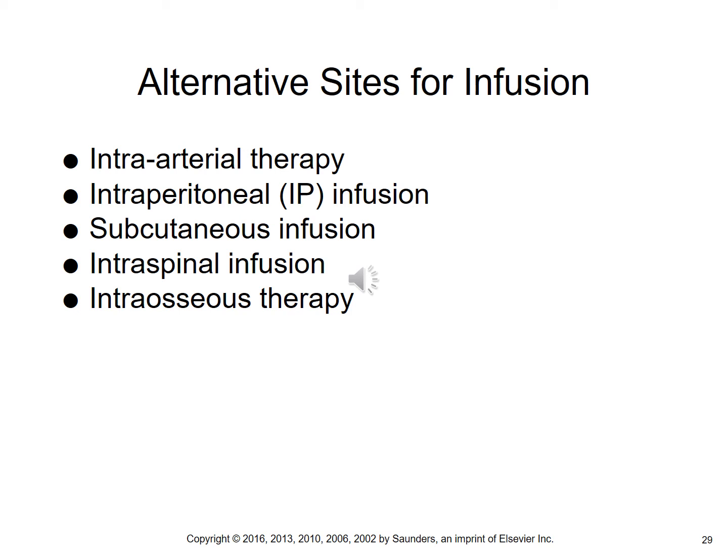The other one I wanted to pull out is your intraosseous infusion. This is straight infusion into the red bone marrow. It's usually utilized for pediatric patients. However, people who have immediate traumas like burns, cardiac issues, diabetic ketoacidosis, life-threatening conditions where they cannot get to the vascular system, they can utilize IO.